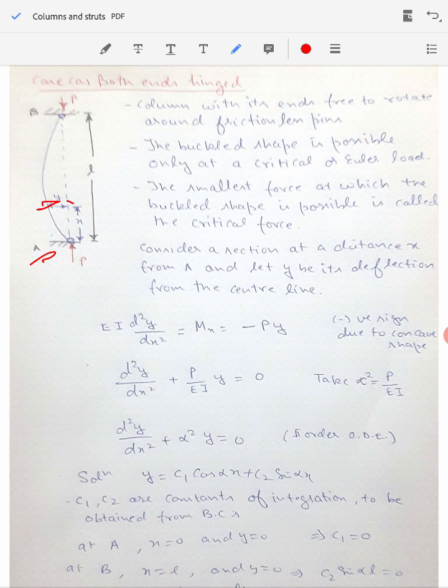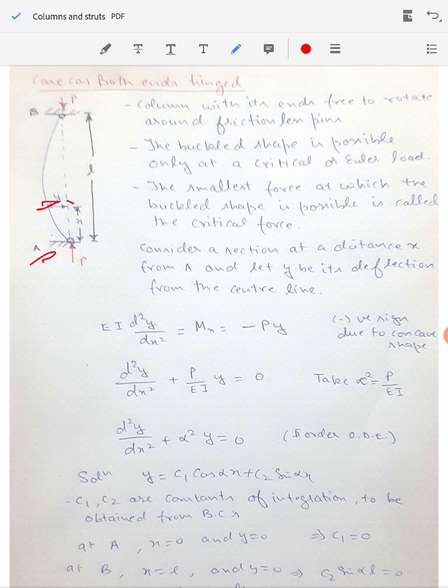Now, if you remember the deflection relation we derived in our last class, when we studied the deflection of the beam, the relation was E times I multiplied by d square y by dx square equal to minus M. But in the books, the convention that they have followed is positive M, so I am taking it as positive M, because my sign convention is opposite to what I proposed in the case of deflection of beam, as I just told you.